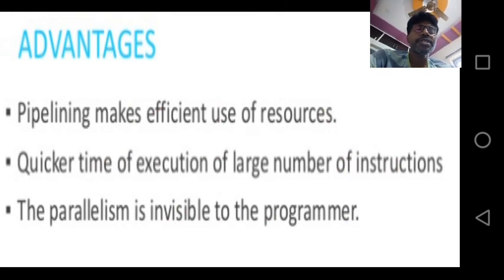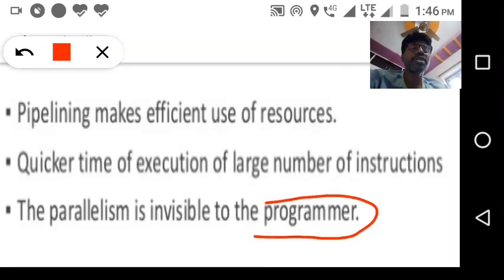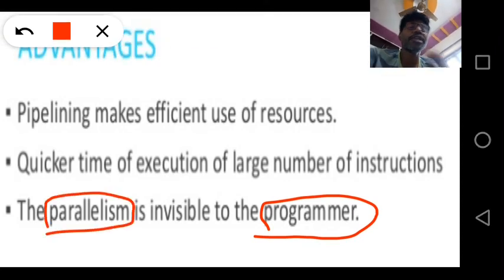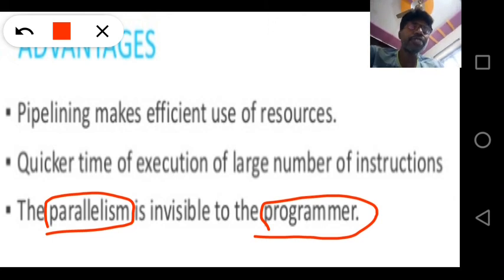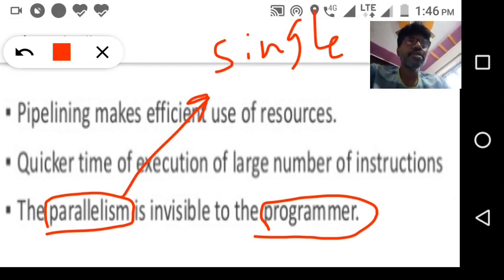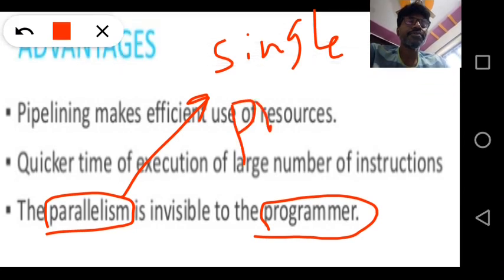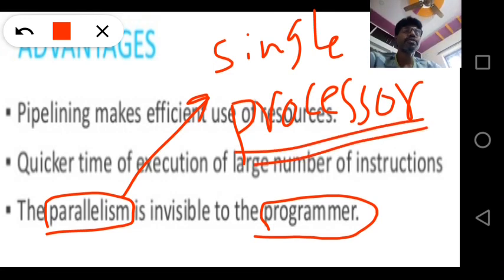The parallelism is invisible to the programmer, who is not aware of it. This is one kind of parallelism, the type that can be achieved using a single processor, which is most important.